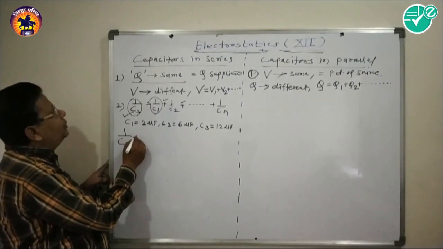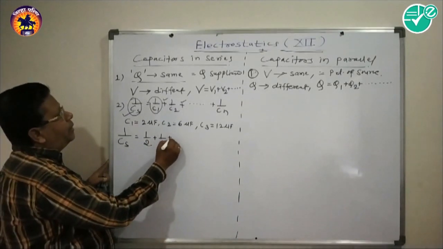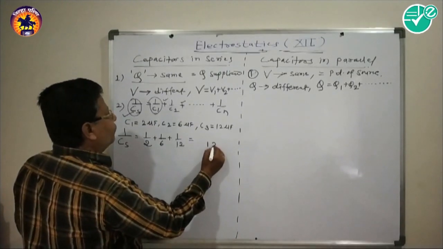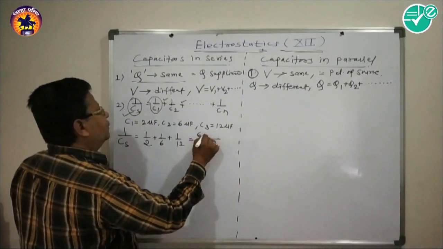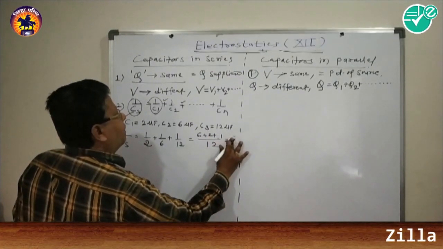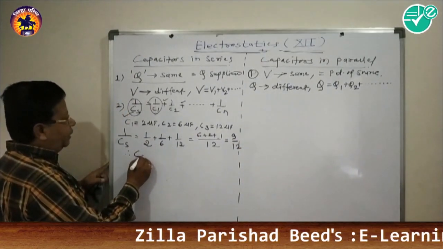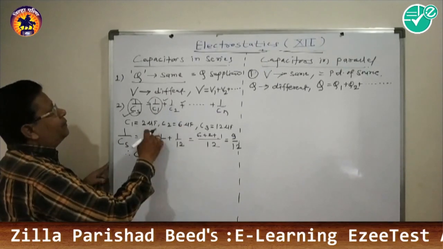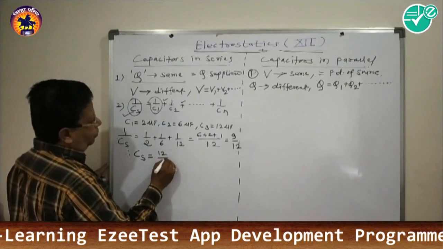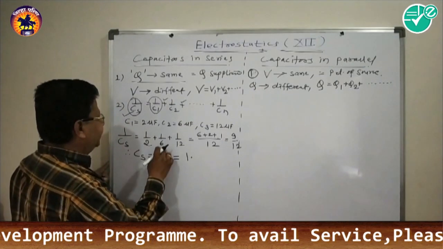So 1 upon Cs is equal to 1 upon 2 microfarad plus 1 upon 6 microfarad plus 1 upon 12 microfarad, which is equal to 9 divided by 12, and therefore the equivalent capacitance when three capacitors are connected in series comes out to be Cs equal to 12 divided by 9, which is 1.33 microfarad.